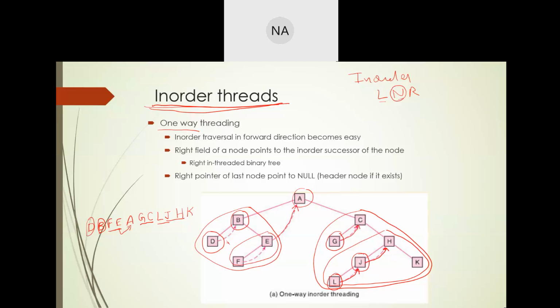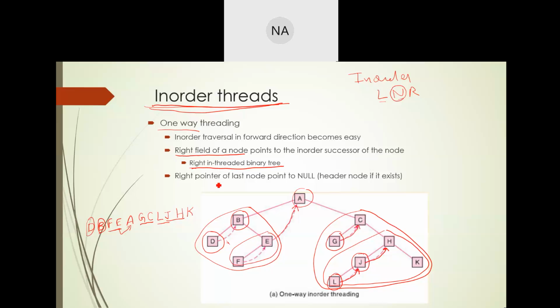And since this in-order thread is stored in the right pointer field of the node, this kind of binary tree is called a right in-threaded binary tree. So in the right in-threaded binary tree, we store the in-order threads in the right field of a node, and that right thread points to the in-order successor of that node.